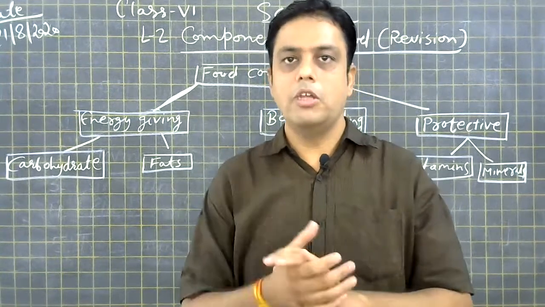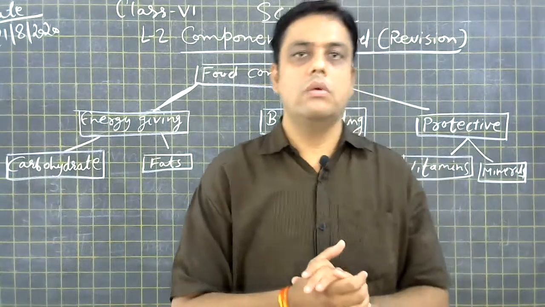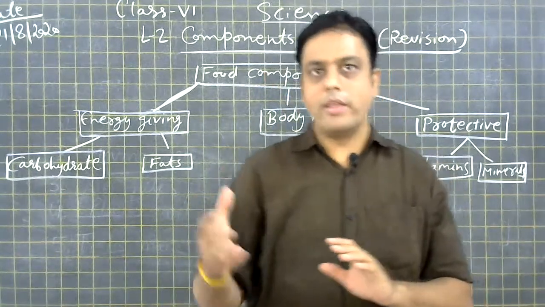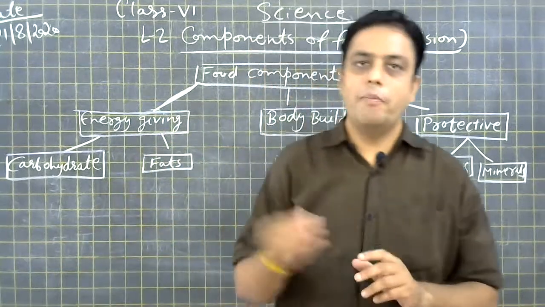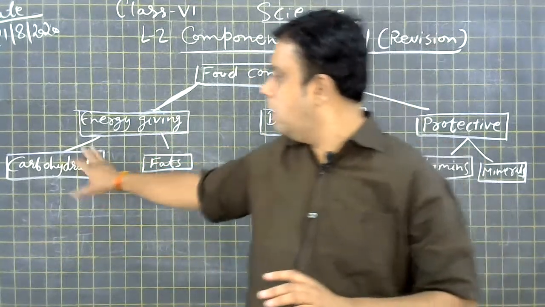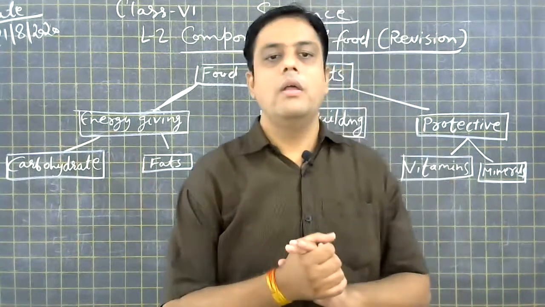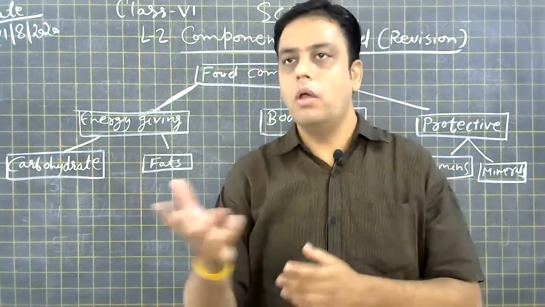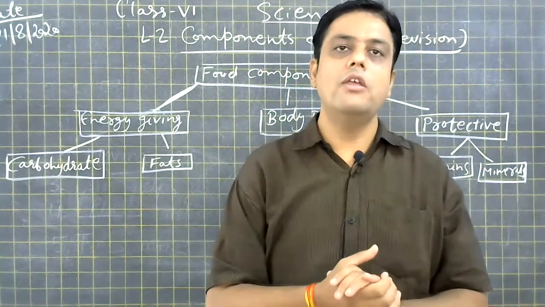So we can divide carbohydrate into different parts, but it is not necessary for you. In sugar, sucrose is found, and like that in rice, starch is found.